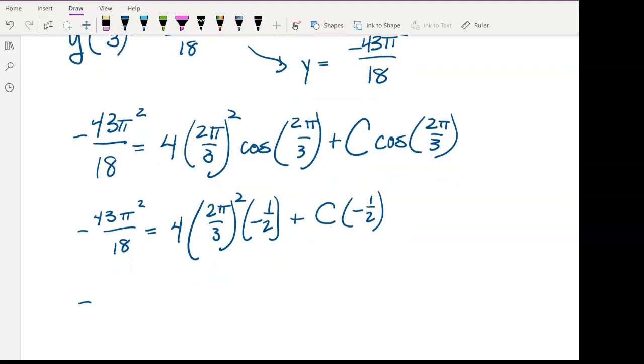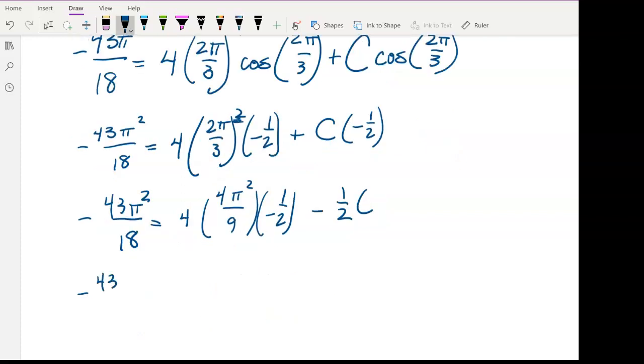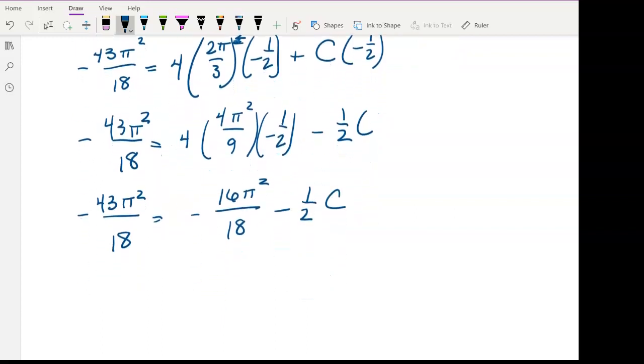So I'm going to go ahead and replace those first. And I'm going to simplify as much as I can. I need to go ahead and square 2 pi over 3. So that's going to be 4 pi squared over 9. I'm going to get all of this multiplied together. It looks like I'm going to get negative 16 pi squared over 18 minus 1/2 c. And I'm going to add this value over to the left.